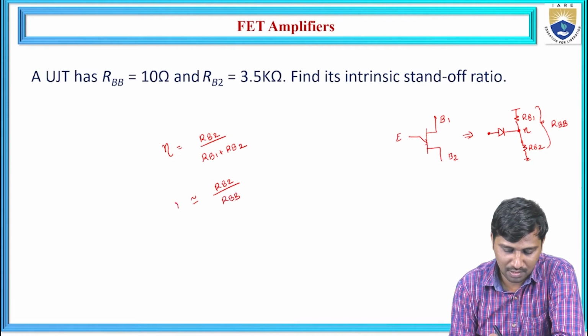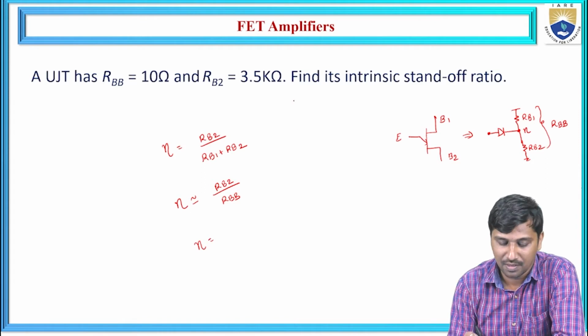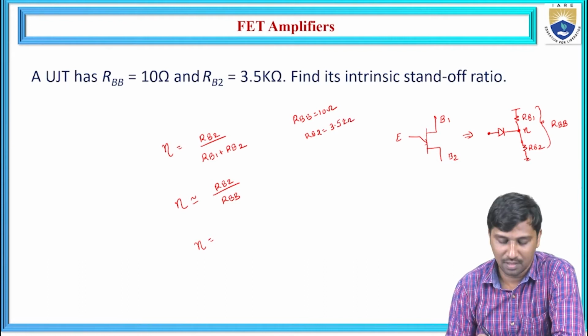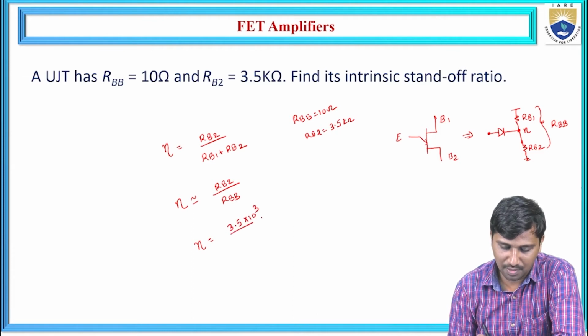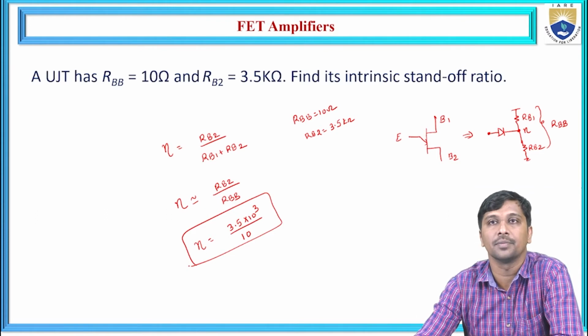Now we need to substitute the given specifications: RBB is 10 ohms and RB2 is 3.5 kilo ohms. So substituting, it is 3.5 into 10 power 3 divided by 10 ohms. Now I can observe this intrinsic standoff ratio.